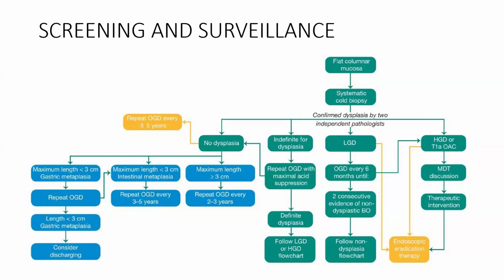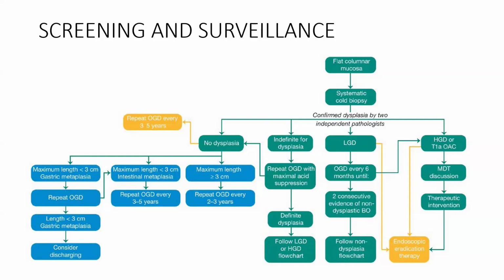In indefinite dysplasia, endoscopy should be repeated in 6 months, with patients on proton pump inhibitor therapy. If the repeat endoscopy is unchanged, then the endoscopy should be repeated annually. And if there is progression to low grade dysplasia, the low grade dysplasia management is followed.